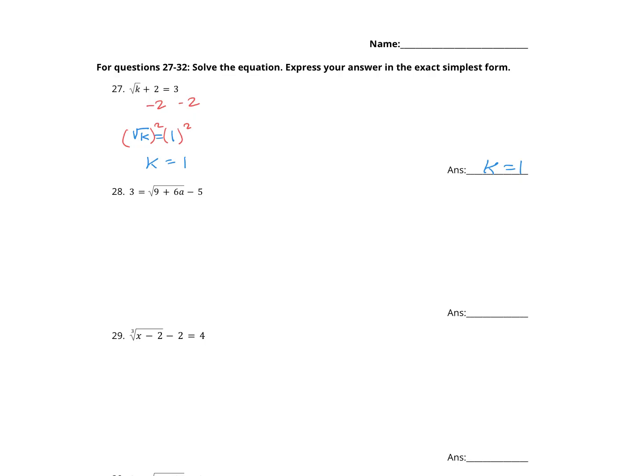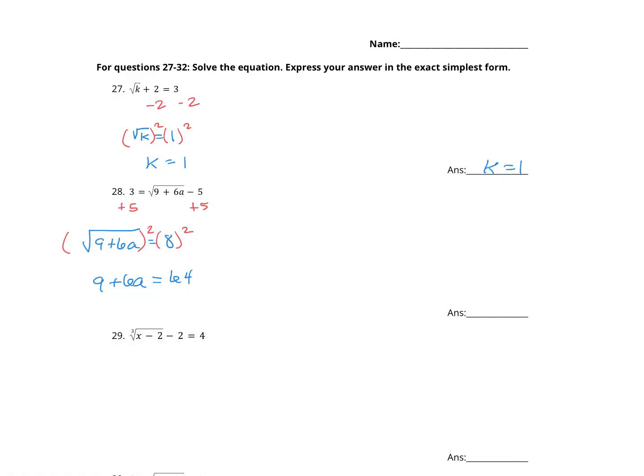All right, let's move on to the next equation. Once again, we're going to isolate the radical. So this time, we are going to add 5 onto both sides. Changing the order around, that gives us the square root of 9 plus 6 times a is equal to 8. Once again, we want to eliminate the square root. So we're going to square both sides. Squaring the square root cancels it out, so we get 9 plus 6 times a, and then 8 squared is 64.